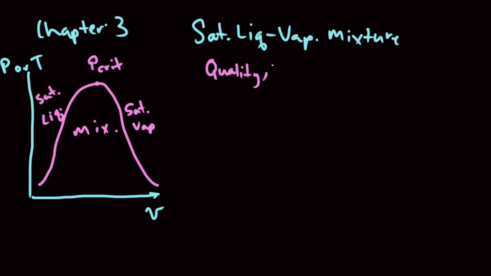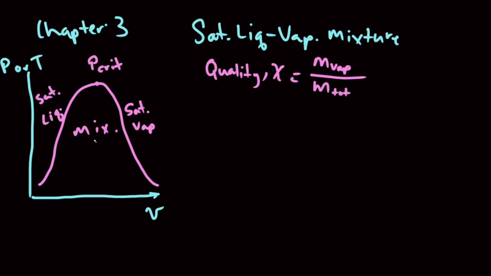Now for defining mixture, we use something called quality, and we call that X. So it's just a number. What it really is, X is a ratio signifying how much mass of vapor for a given total mass.